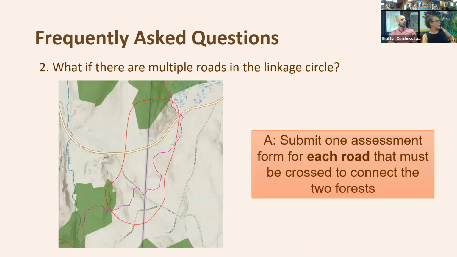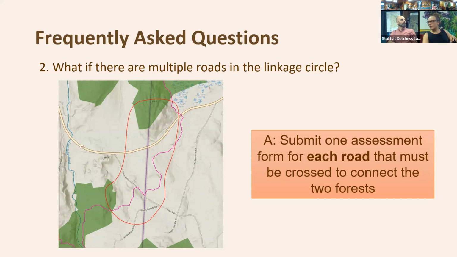So I'm going to do a little bit more nuts and bolts about the linkages and what happens when you look at the map. The next question I often get is sometimes these circles, so the orange circle on the map, are going to cover 2 different roads. In this example we're actually on the border of New York and Connecticut, in Dover.